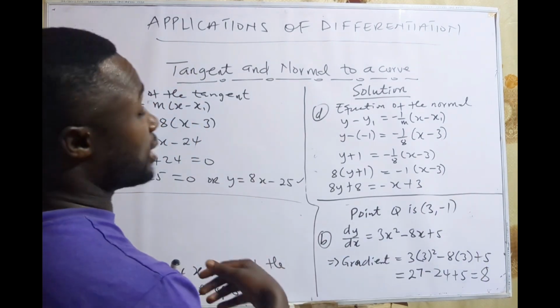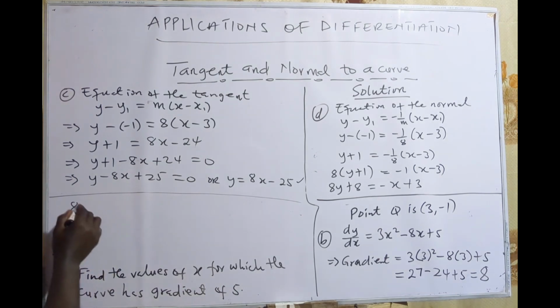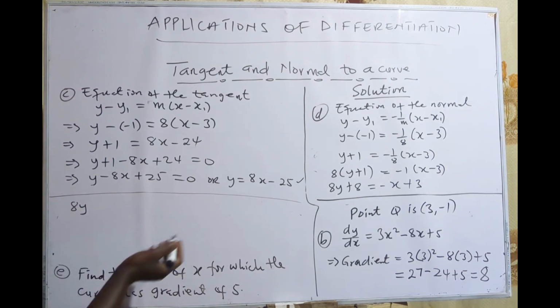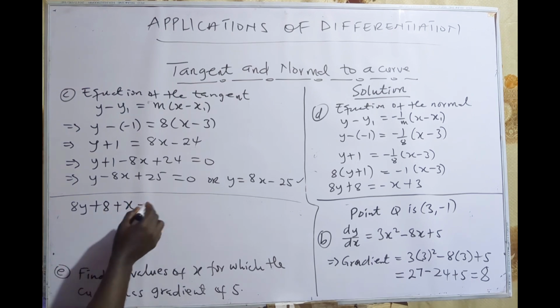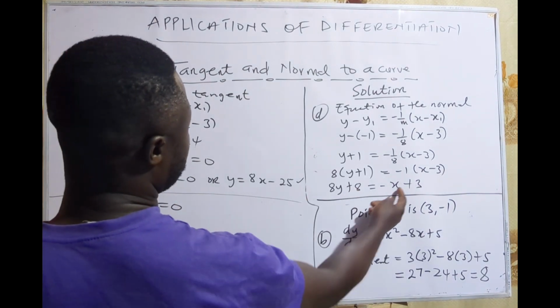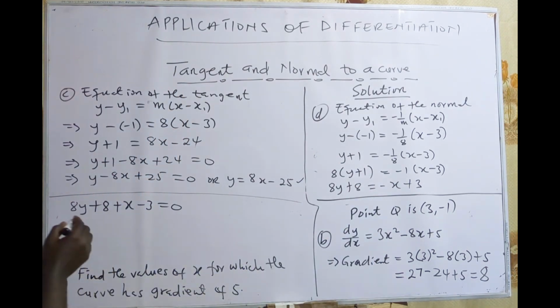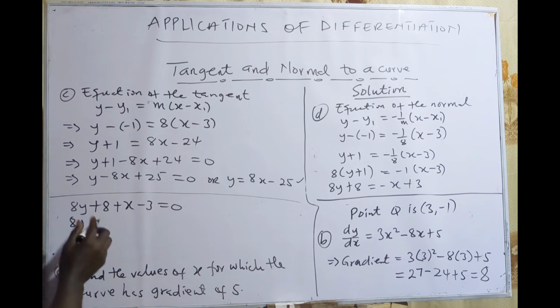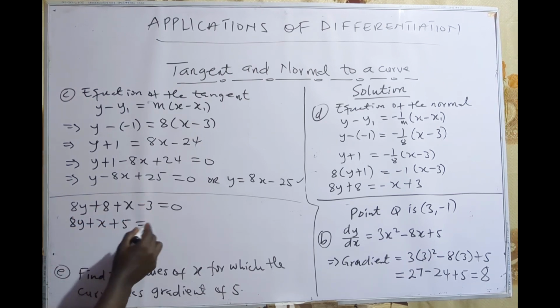So we can bring all to one side and equate it to 0 as we did for this. So we can have what? 8y plus 8 plus x minus 3 equal to 0. Okay, so 8y plus 8, this will be plus x, this will be minus 3 equal to 0. So we can have what? 8y plus x, 8 minus 3 will give me plus 5 equal to what?